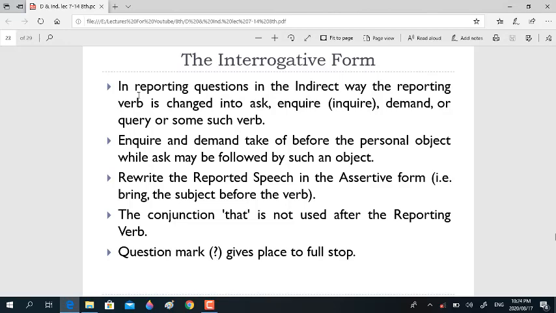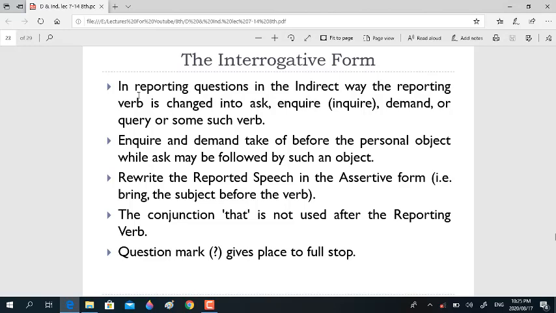It means while changing interrogative sentences into indirect, you have to change the reporting verb like said to, tell, or told into asked.